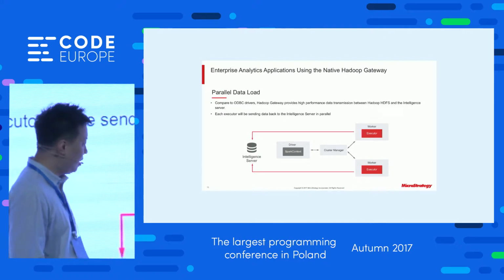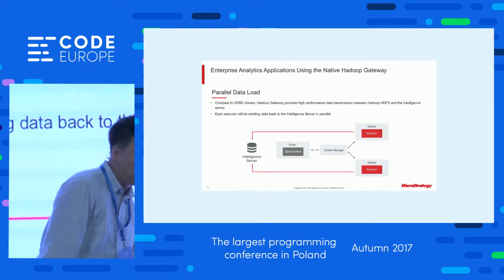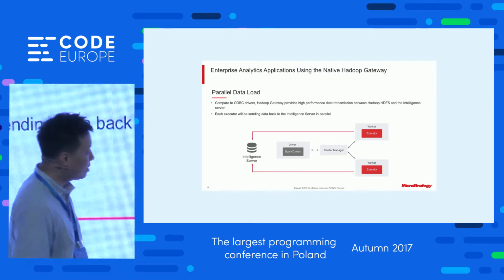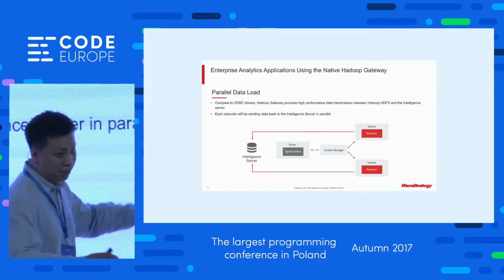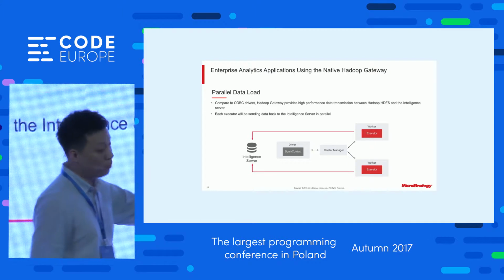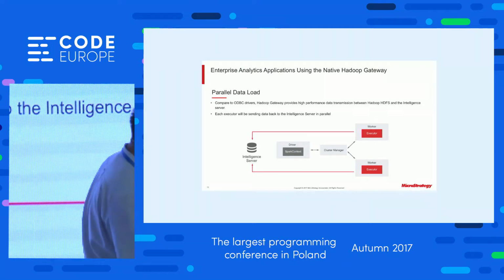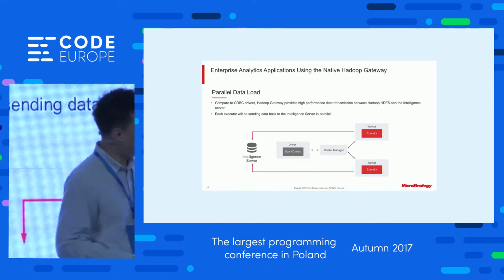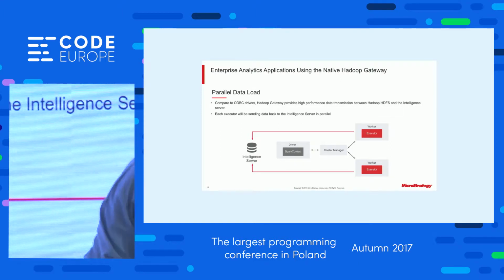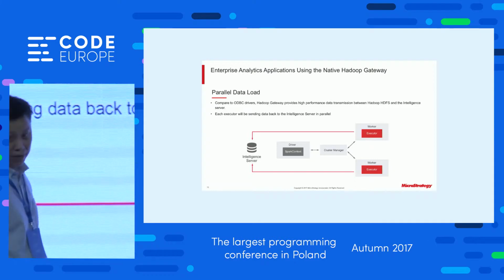The driver is our Hadoop Gateway, and we submit the job to the cluster, and the job is distributed to the different worker nodes. Right after the worker nodes finish their data processing, all of the data is transferred back to iServer in parallel.